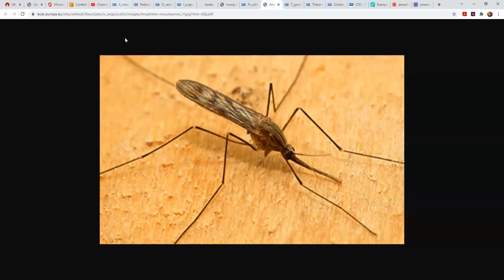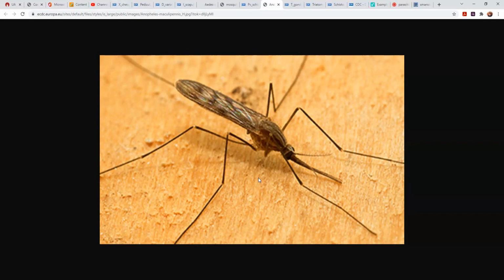And you'll notice here its wings kind of laid over on top of one another, with a glossy appearance on the leaves. The one thing I want you to notice that's going to set the Anopheles apart is this stripe right here on its thorax. Sometimes we'll see more than one stripe on the thorax, but a very, very pronounced stripe on the thorax.